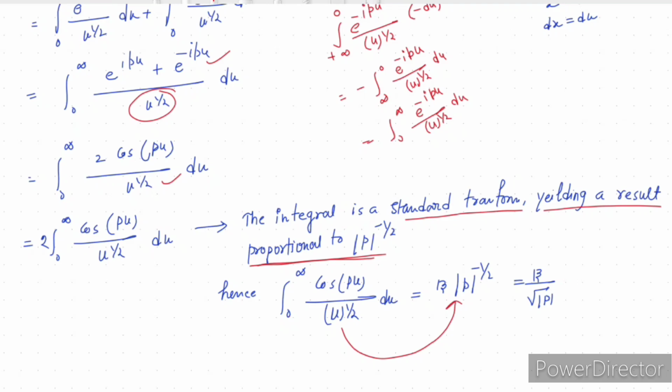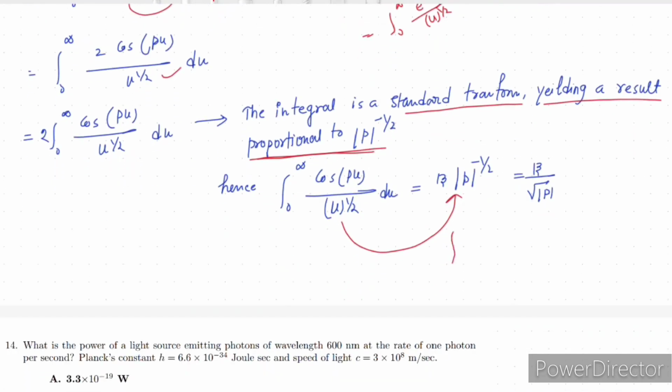So please remember this standard integration. 0 to infinity cos pu upon u to the power half du is proportional to mod p to the power minus half. This is the standard integration form, so you just remember.